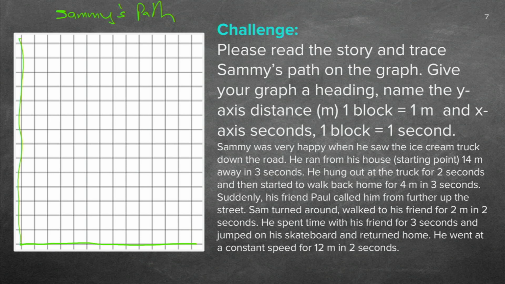So what are we measuring on our y-axis? The distance, yes. So this is going to be our distance in meters. And at the bottom, we're going to have our seconds.